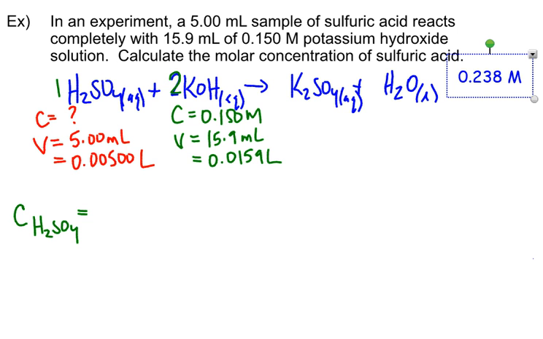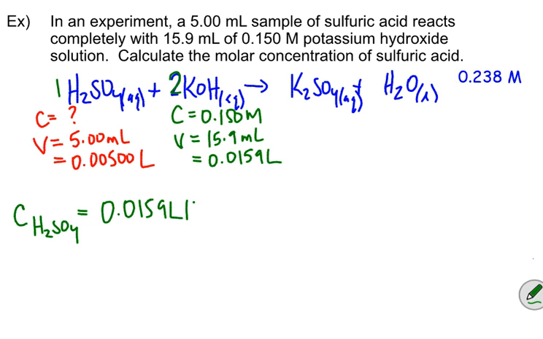So I start off with my volume and concentration of my potassium hydroxide. I'm going to color code this for you, so I'll start that in green. So I'll do 0.0159 liters of KOH, and I'm going to times that by 0.150 moles per liter.